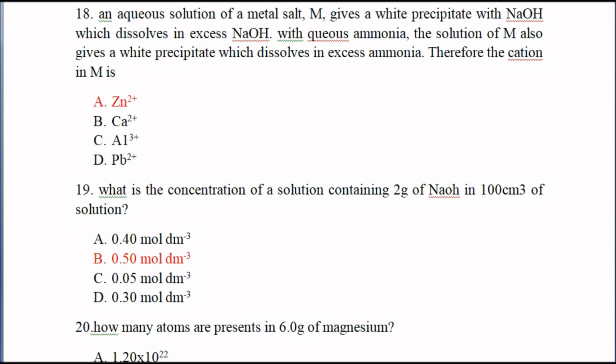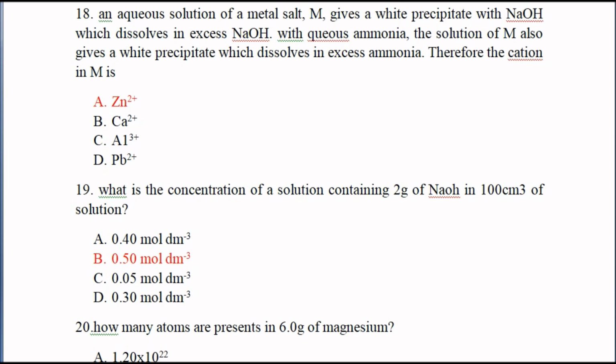Number 18. An aqueous solution of metal salt M gives a white precipitate with sodium hydroxide, which dissolves in excess sodium hydroxide. The solution of M also gives a white precipitate with aqueous ammonia, which dissolves in excess ammonia.